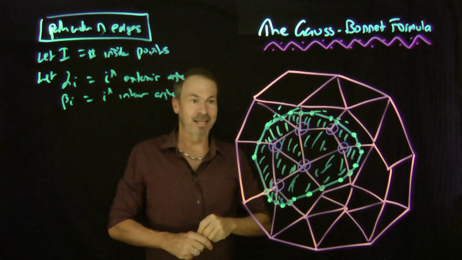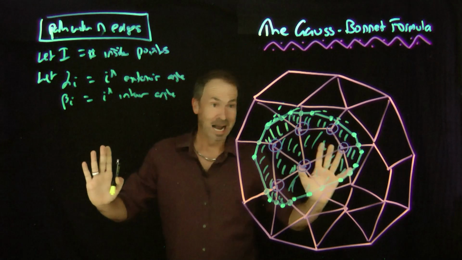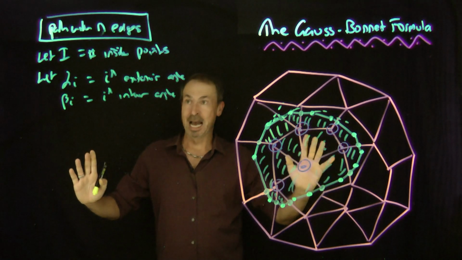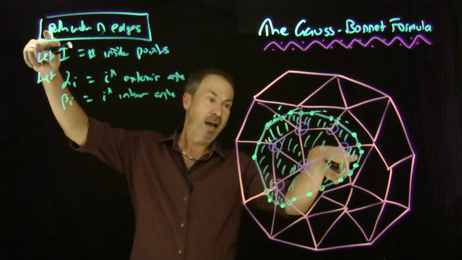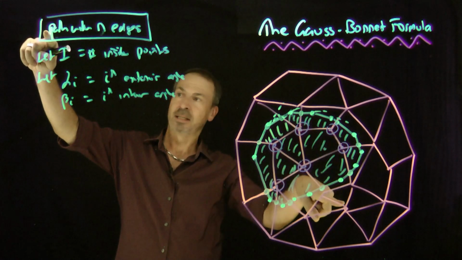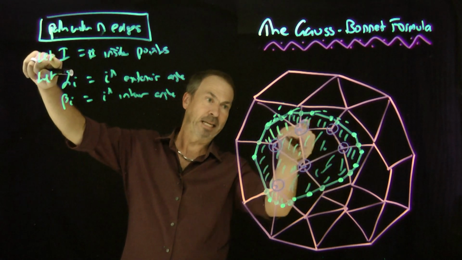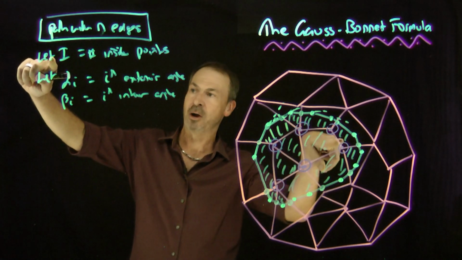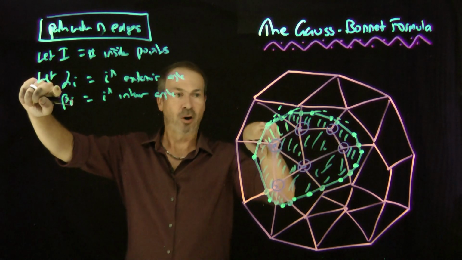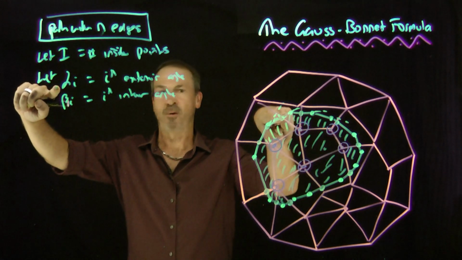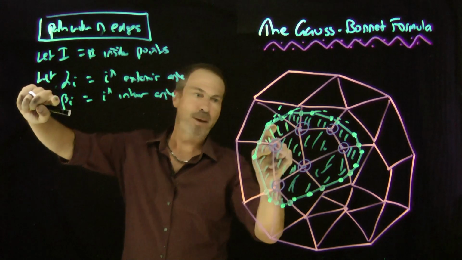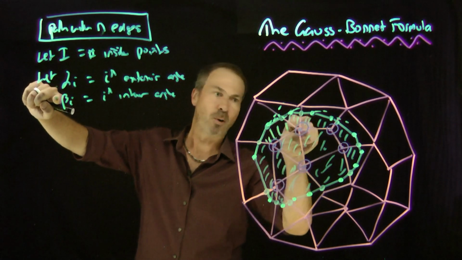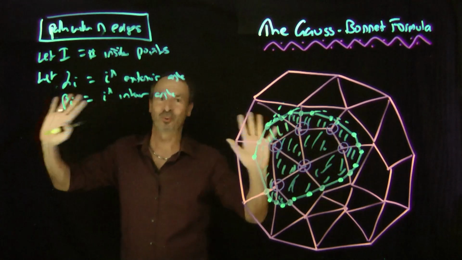All right, so far so good. This is a crazy picture. Let's see, I've got n outside vertices, outside edges. I've got I inside points here with the pointiness of the polyhedron, sorry. I've got n exterior angles, alpha 1, alpha 2, and so forth, and n interior angles, beta 1, beta 2, beta 3, and so forth. Great.